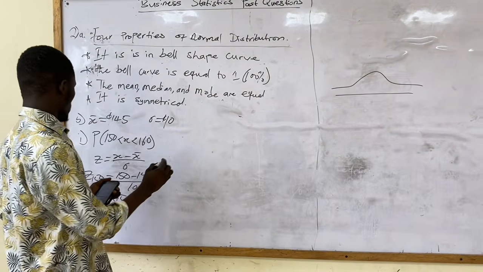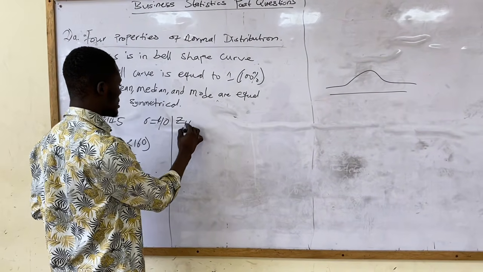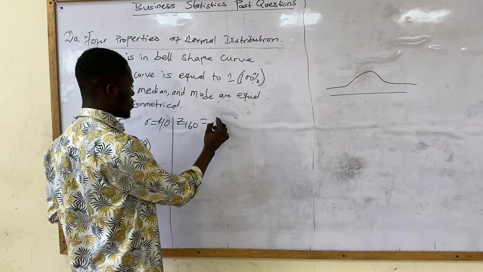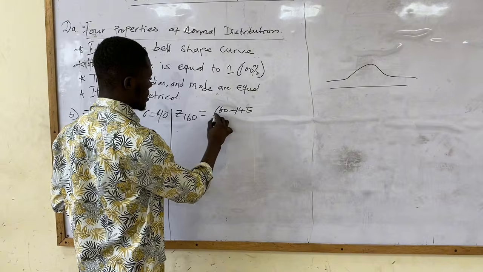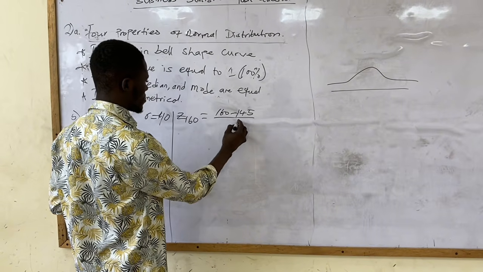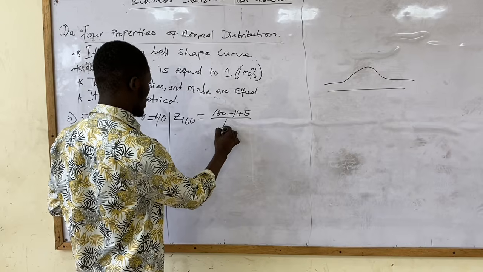Okay, now let's look at Z of 160, which is equal to 160 minus 145 divided by 10.